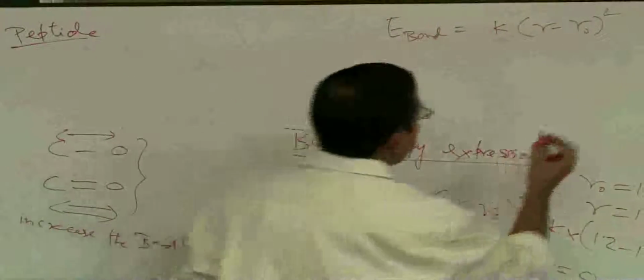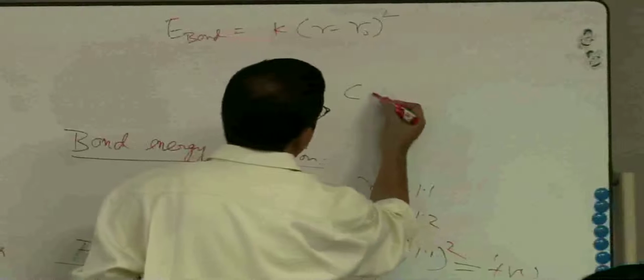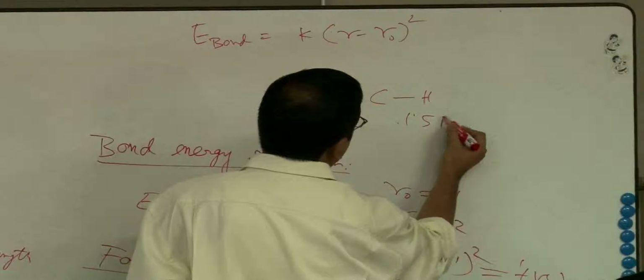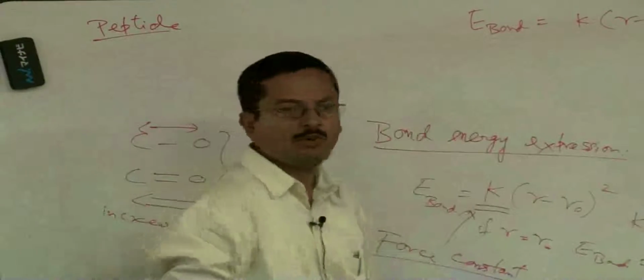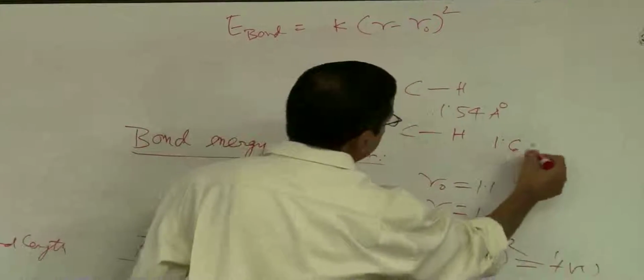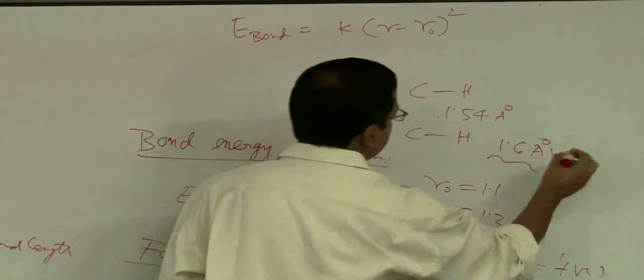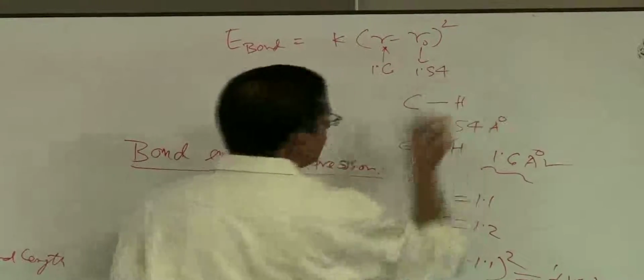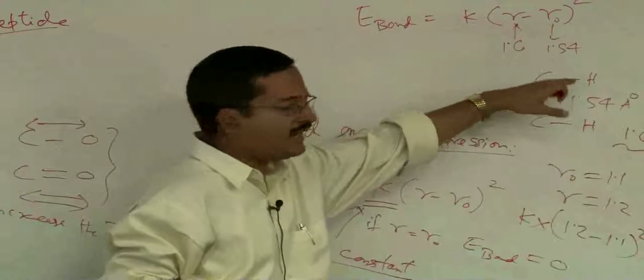So, what is R? Let us say, if it is tetrahedral, 1.54 angstrom for CH is the optimum bond length, but in a protein your CH may be 1.6, it is possible. In that case R is 1.6 and R 0 is 1.54. So, this is for an isolated system, this is the ideal best, but it can be more, can be less.